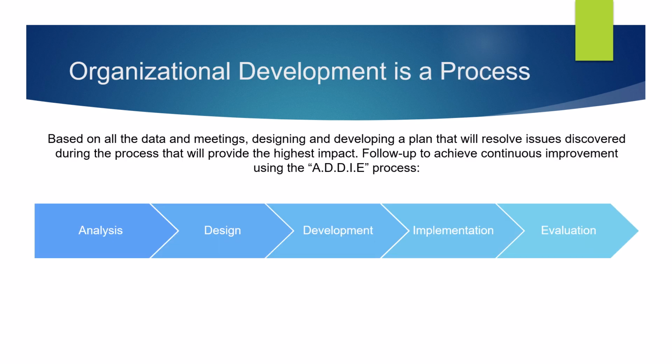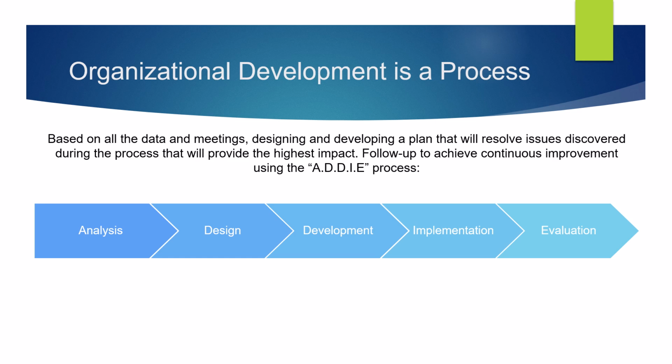We're almost complete with this process. Remember, it is a process. As interventions are implemented and the transfer of learning has begun for each intervention, we want to begin what is called the ADDIE process for each intervention.